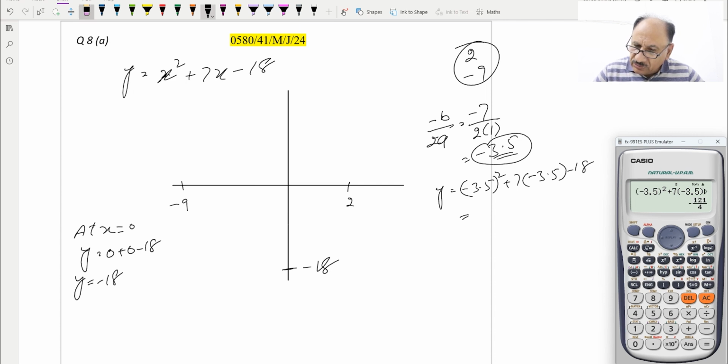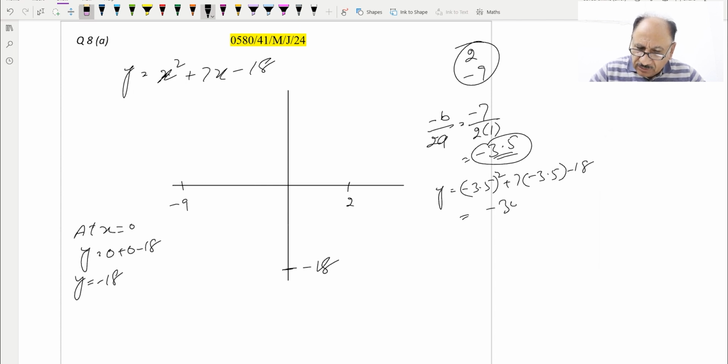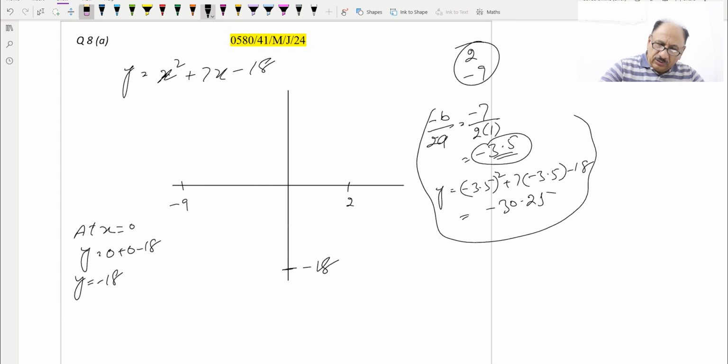That is equal to minus 30.25. Keep in mind, this whole thing is not required in the question. I'm explaining so that your concept should be clear. And why do we need this value? We need this value to know from which point our curve will be turning.